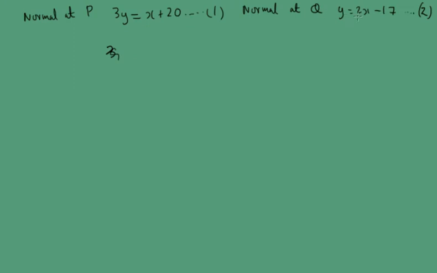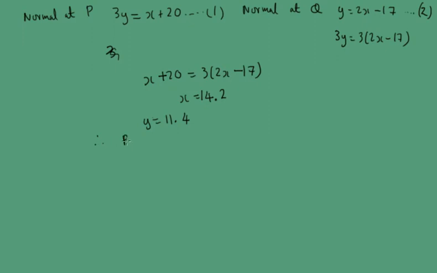If we multiply the second through by 3, so 3y = 3(2x - 17), we can now equate these. So x + 20 = 3(2x - 17), and we solve for x and get x is 14.2, and then if we substitute that back in, we get y is 11.4.